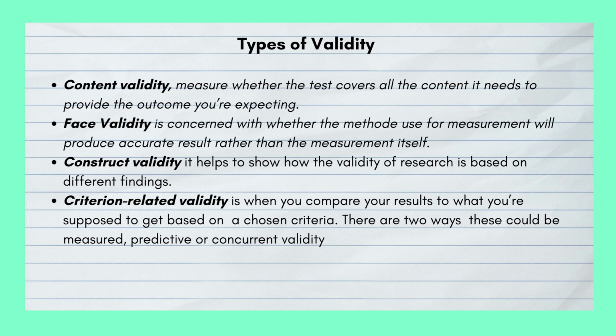Construct validity helps to show how the validity of research is based on different findings. Criterion-related validity is when you compare your results to what you're supposed to get based on a chosen criterion. There are two ways this could be measured: predictive or concurrent validity.